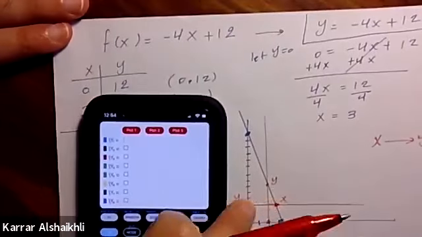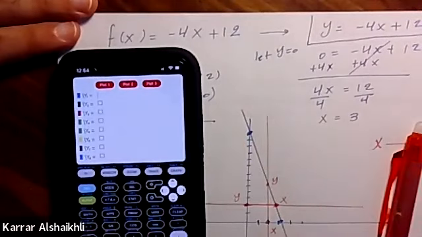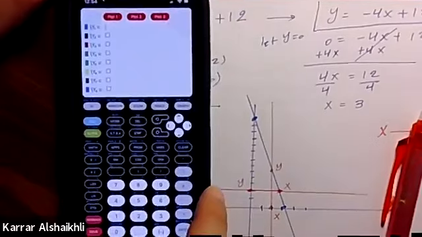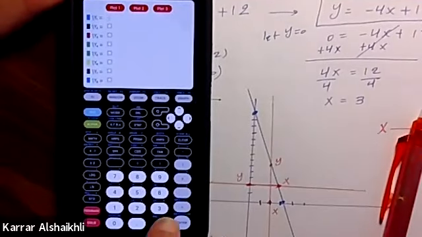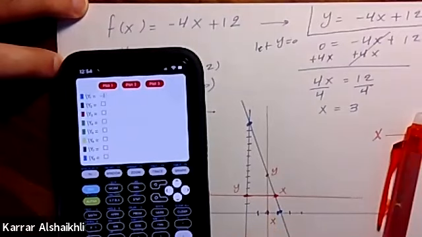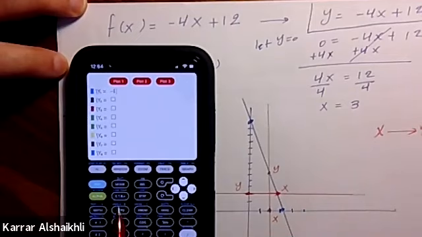Let's do our function, which is negative 4x plus 12. So I'm gonna say negative 4x. Be careful, here's the negative sign. Don't press minus, press the negative. Negative 4x. How are you gonna write down the x? You'll see here it says X, T, theta, n.